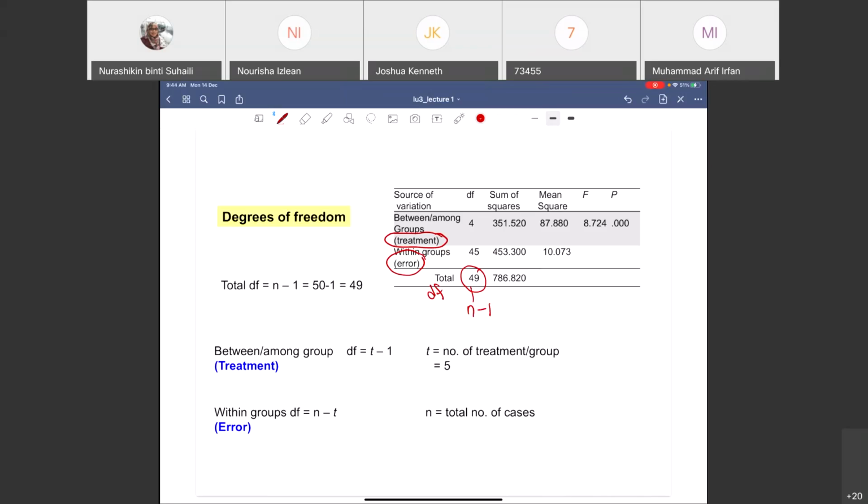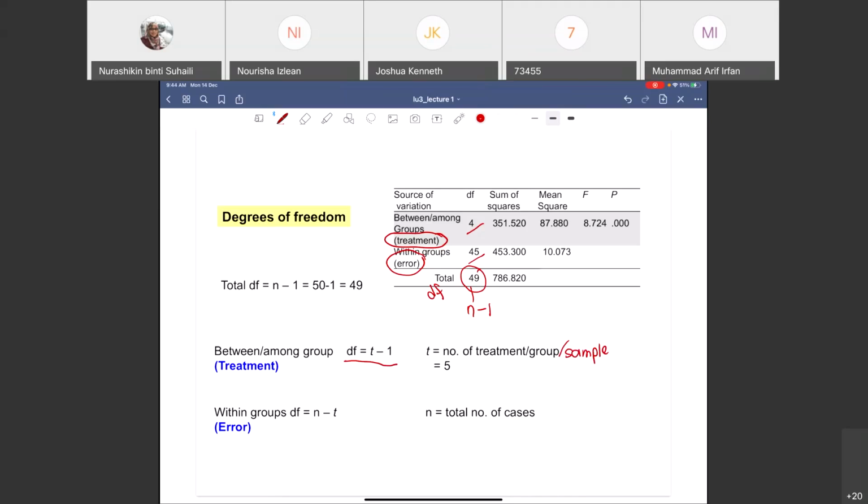For the treatment, it has its own formula. Don't get confused, it's not n minus 1, it's t minus 1 for the treatment. So what is t? The number of treatments, or the number of groups, or the number of samples. In this example, the number of samples is 5.